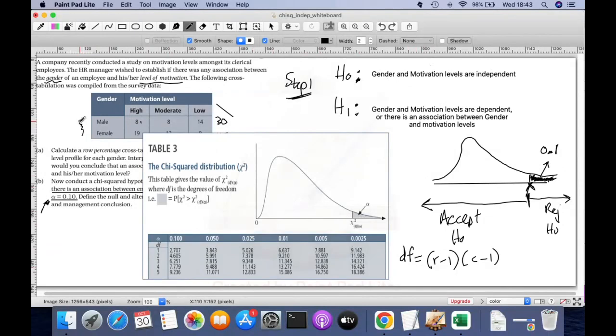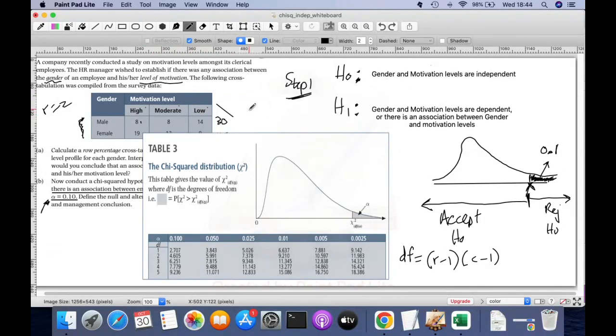If you look at our table, basically, how many values can gender take on? That's 2 values, male and female. So your r is 2. Your c is the number of columns that you have. So how many levels of motivation do we have? If you look at your columns, you have 1 for high, 1 for moderate, and 1 for low.